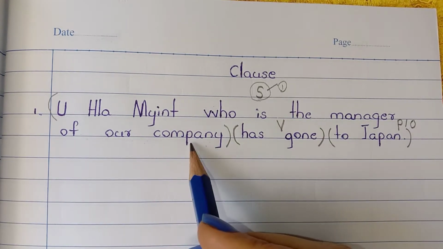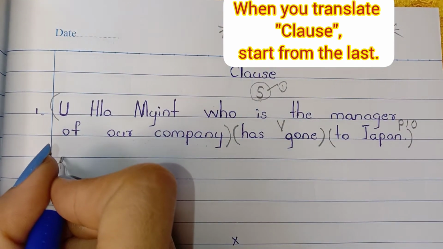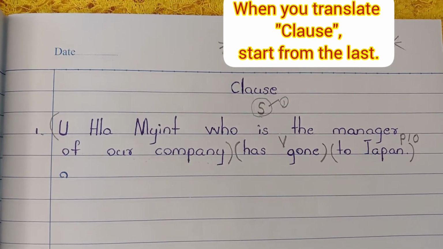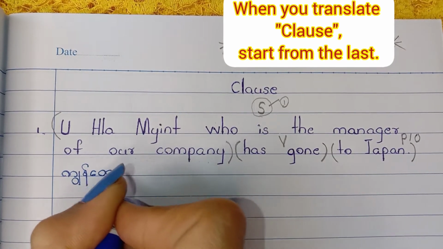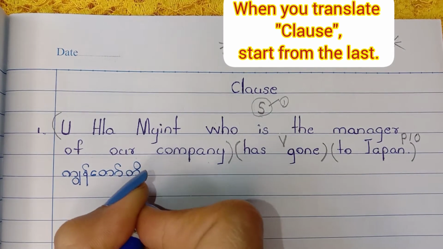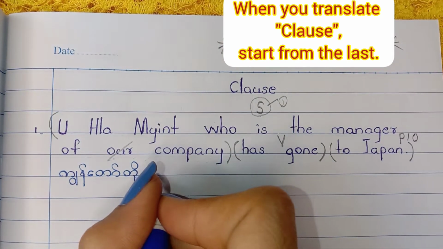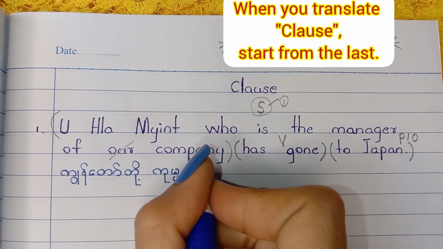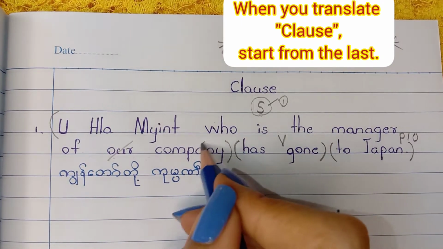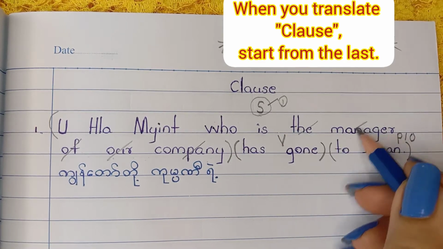So when you translate the clause, you have to start at the last part, our company. Our means ကျွန်တော်တို့, and company is company, of means share, and then the manager is manager.